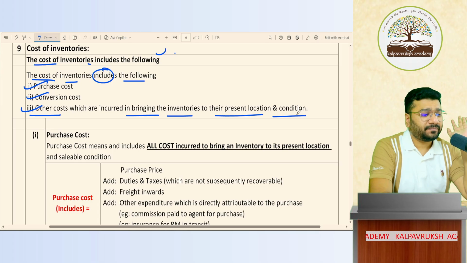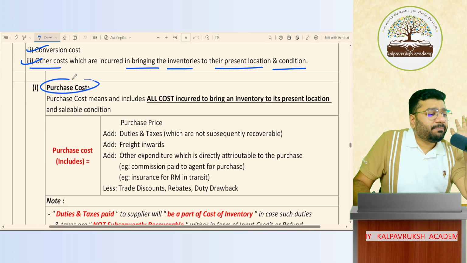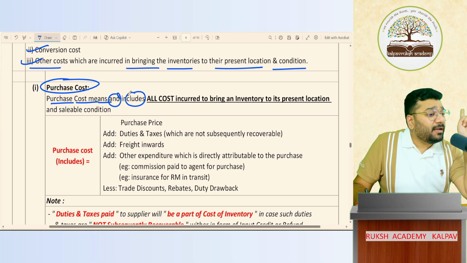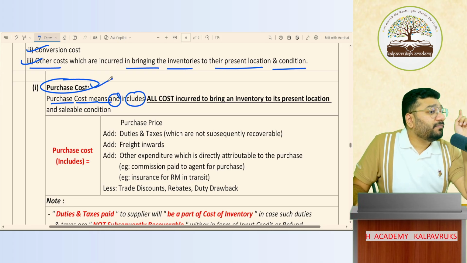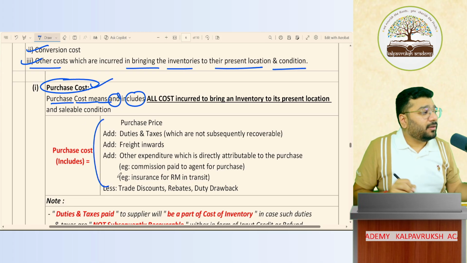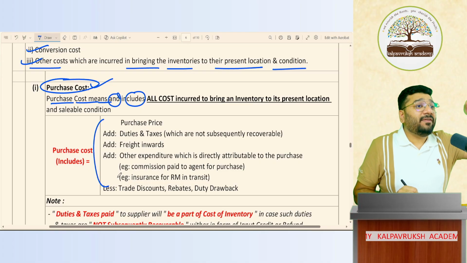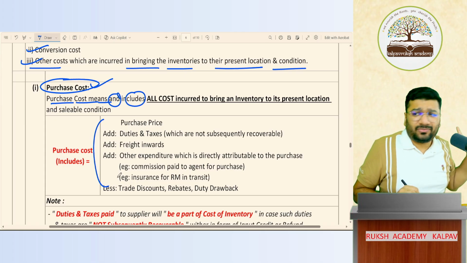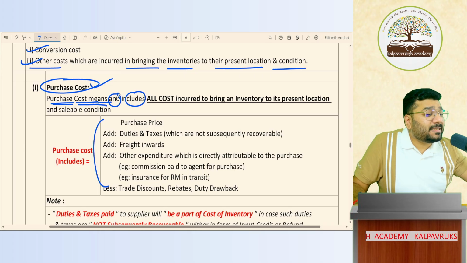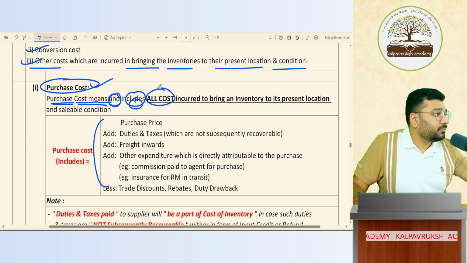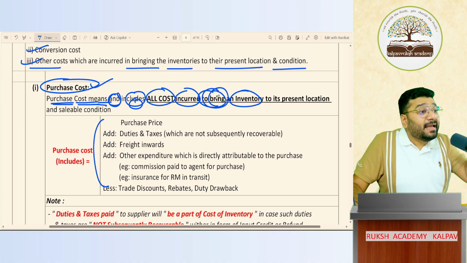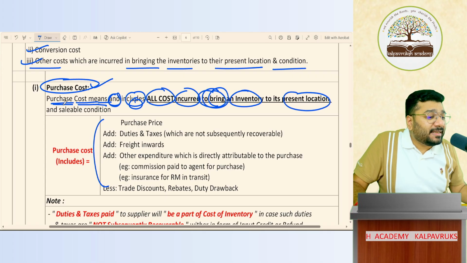Now, what does purchase cost mean here? Purchase cost means and includes all the cost incurred to bring an inventory, this is the keyword, for bringing the inventory to the present location and saleable condition. So again, the purchase cost definition is inclusive. Apart from what is mentioned here, if there is anything else similar to that, you can add or deduct. Got it? Not got it?